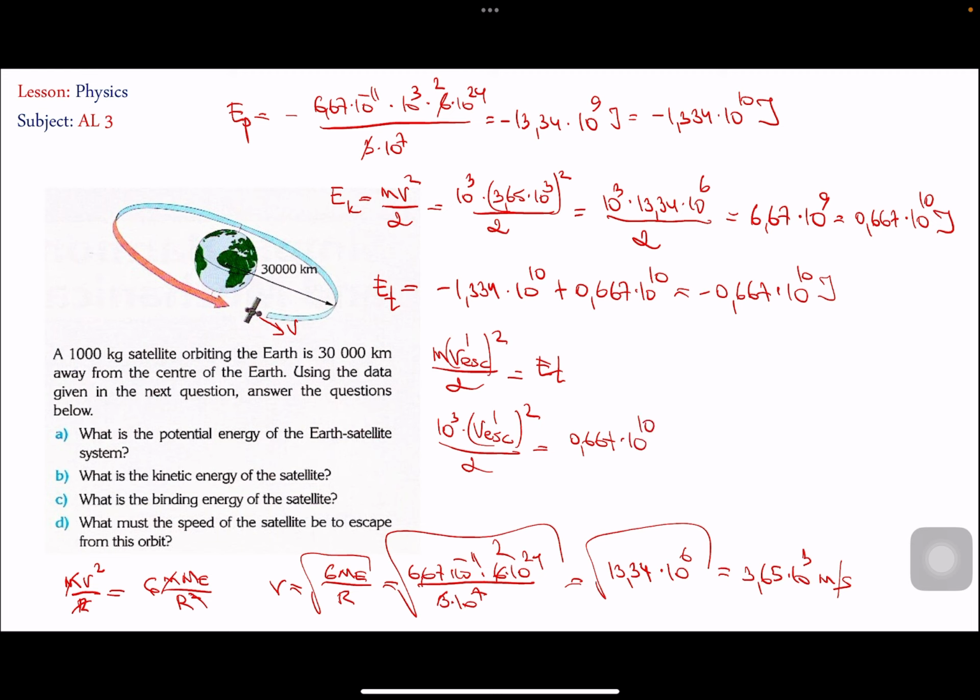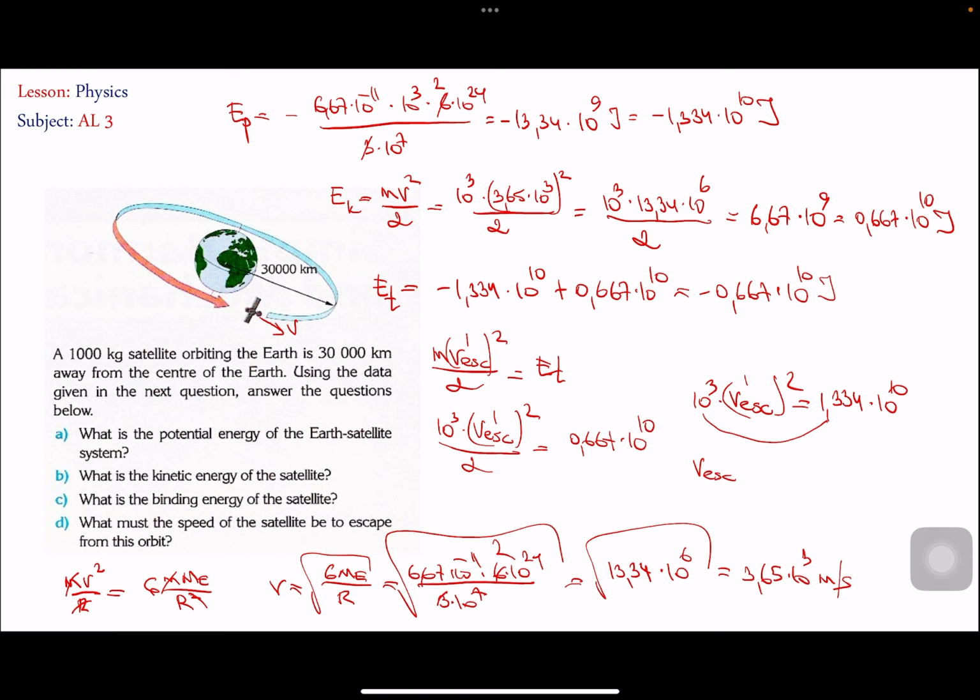I have 1.334 times 10 to the power of 10, so this number goes to the right side of the equation.